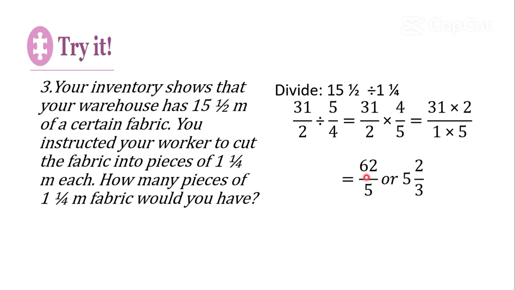Then 62 minus 60 is 2 over 5. Na error mani oy. So i-take note ninyo please. It is 12 and then 2 over 5. So i-erase na. Dili na sakto. Erase. So it should be 12 2 over 5.